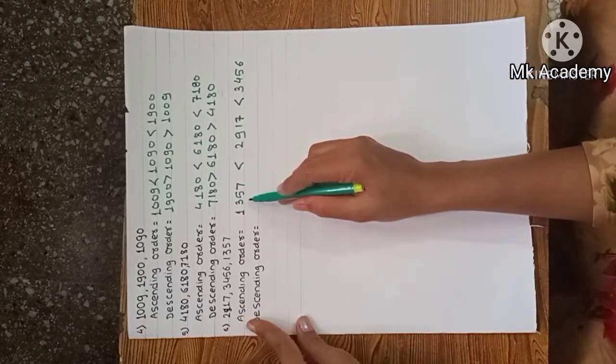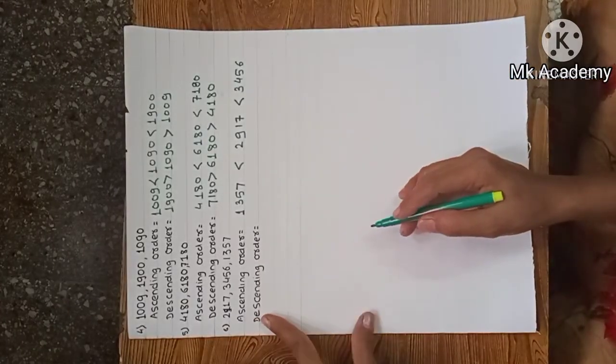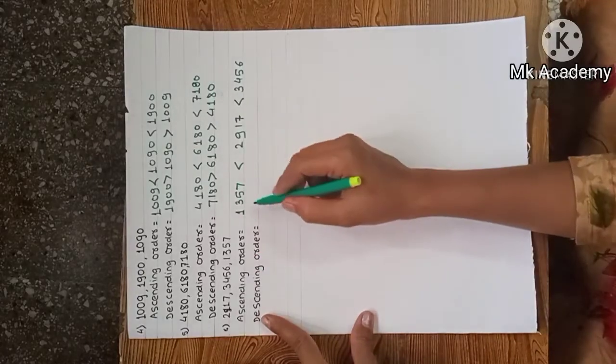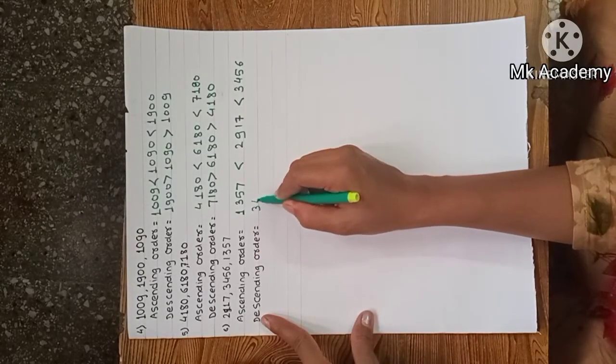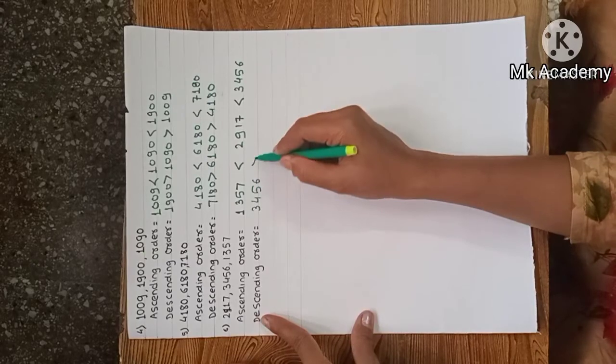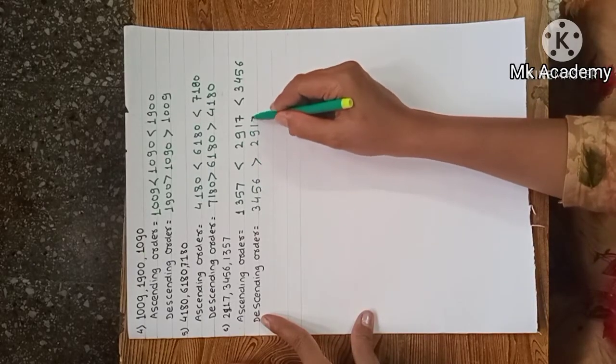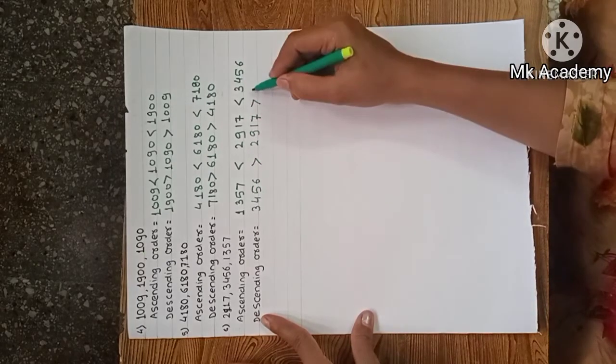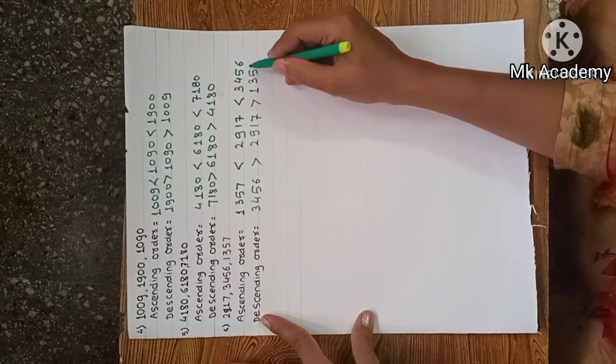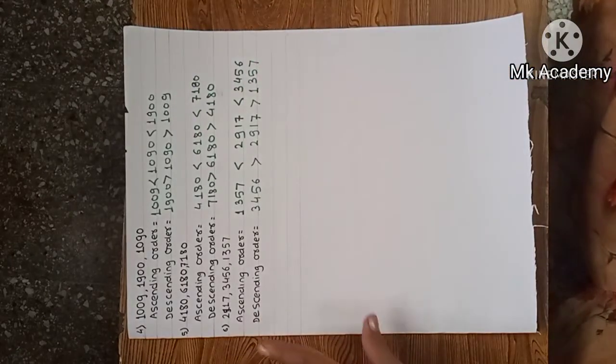We write down numbers from smallest to biggest. Now descending order, the opposite of that, biggest to smallest. 3,456, then 2,970, then 1,357. Okay, thank you.